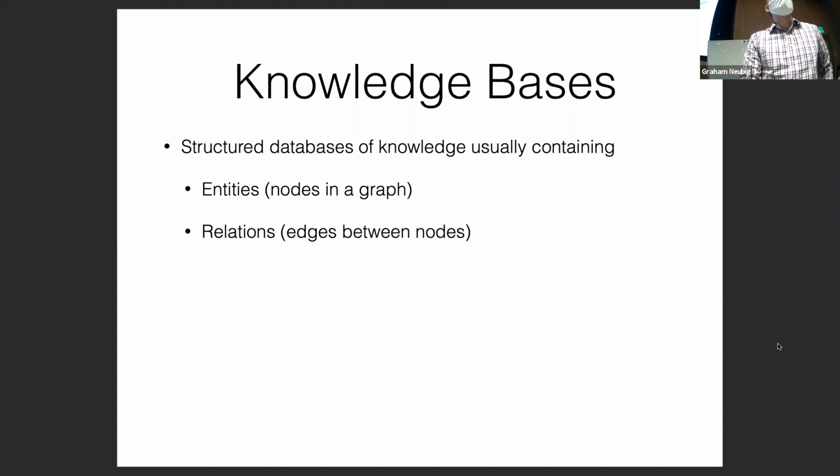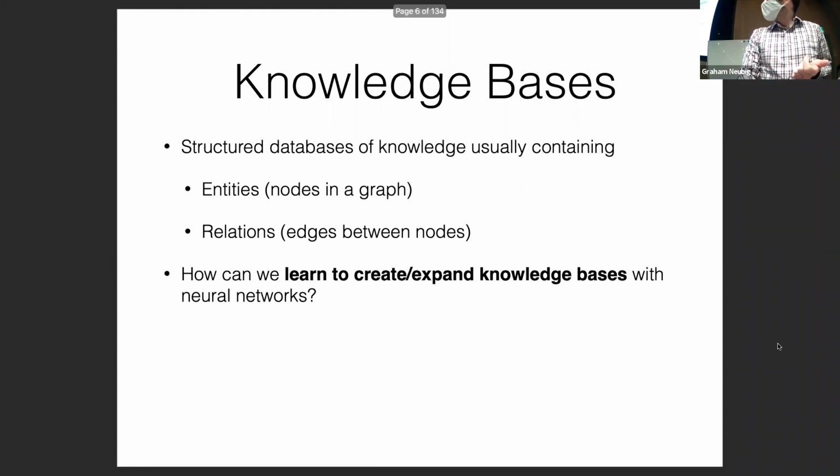These are the most common varieties of a knowledge base. And there's also other knowledge bases, like knowledge bases of events or other things like this, which might also contain other things like who participated in an event or in what role they participated in. But the most common examples that we have are things like entities and the relations between them.